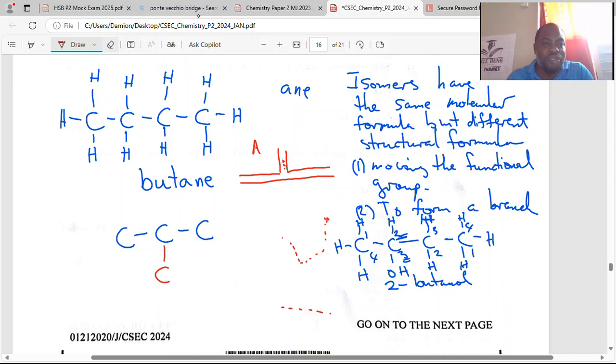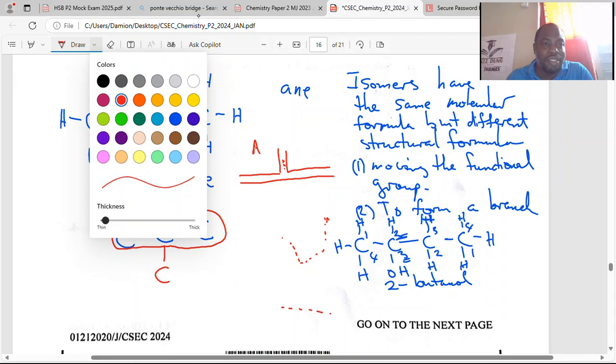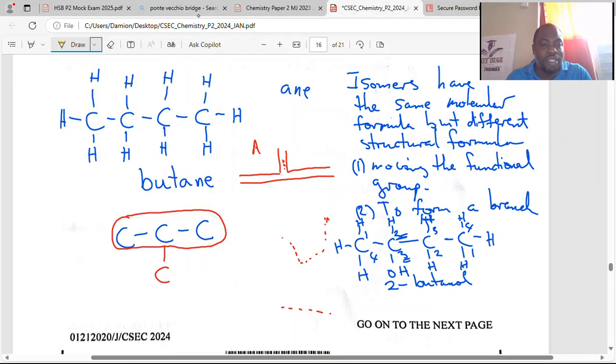I may have to use different colors. It doesn't necessarily mean that this is the longest chain only. You can look at that as the longest chain, and I could look at this as the longest chain too.